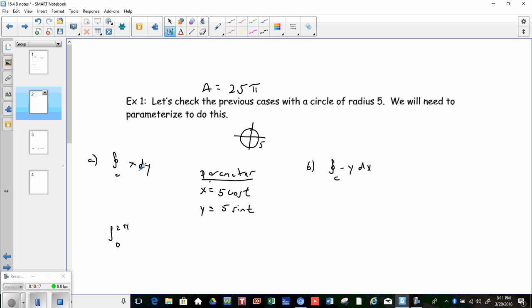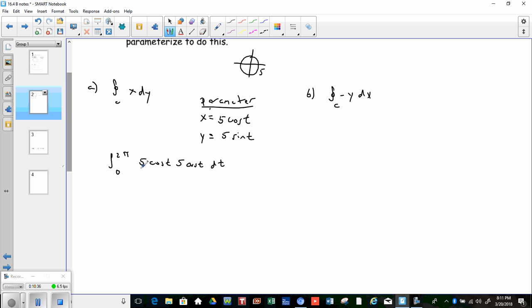And it's going to be x dy. x is 5 cosine t. dy is the derivative of y here, which is going to be 5 cosine t dt. All right, so you can pull the 25 out to the front. And then we've got cosine squared t dt.